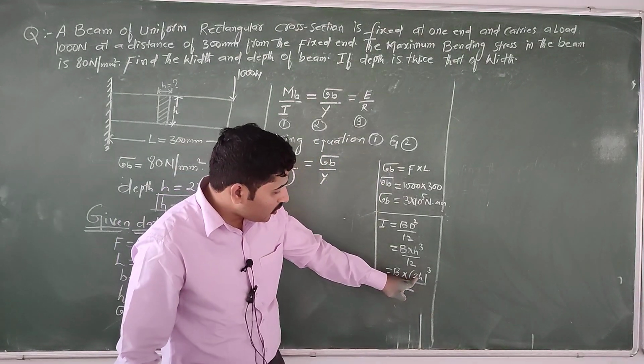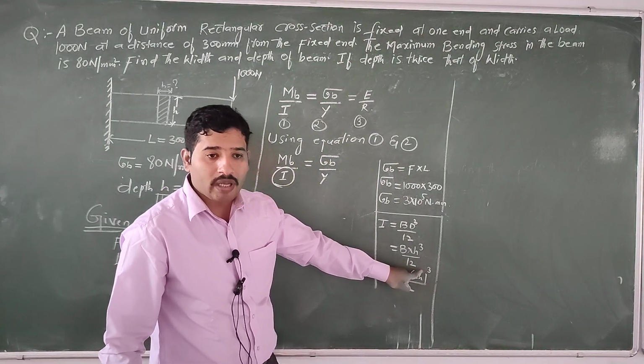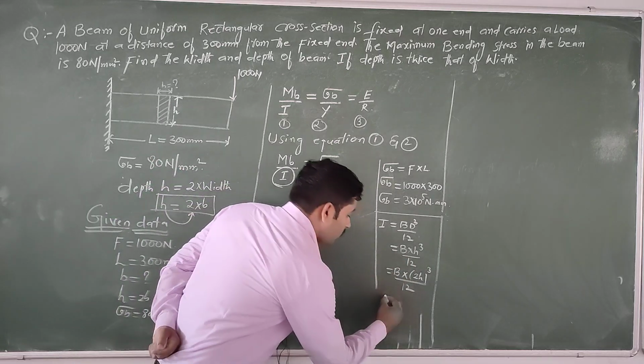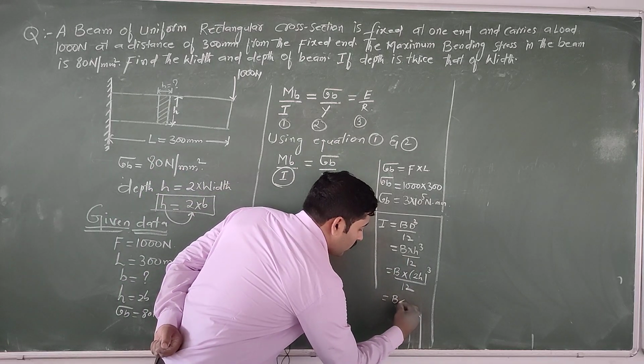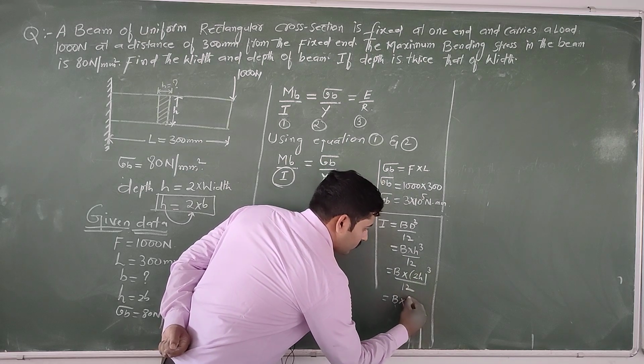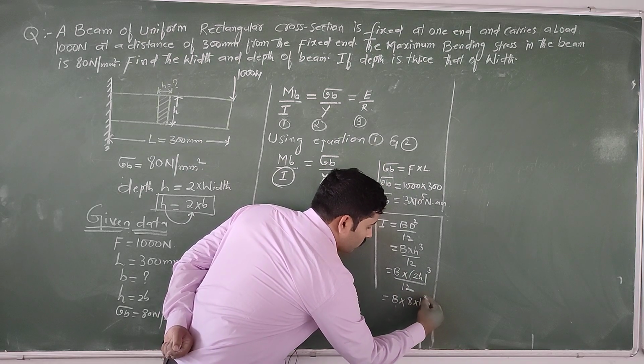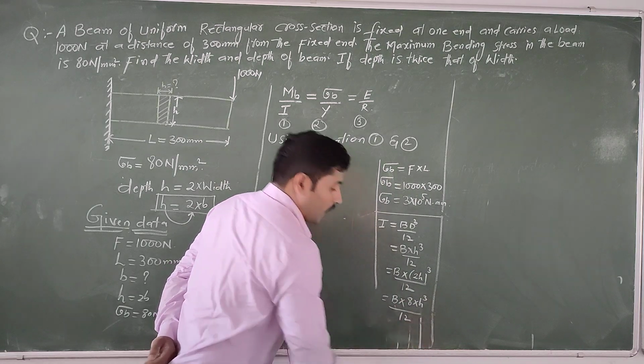So if you have 2 cube, it should be how much? 8. Is it right? So B into 8 B cube by 12.